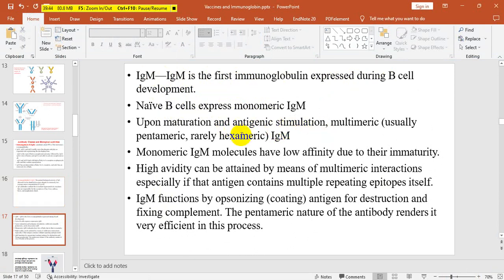So immunoglobulin M is the first immunoglobulin that the body produces during the primary response, and that's when your body does not know the organism it is fighting. The first time you get COVID-19, the first time you get any infection, the immunoglobulin that your body will produce is IgM.